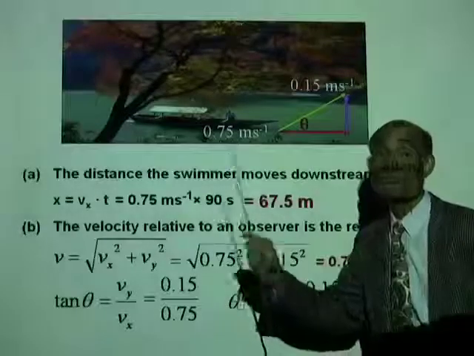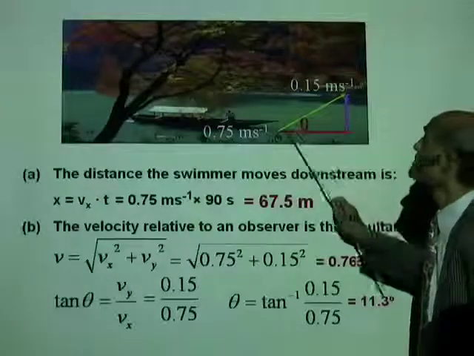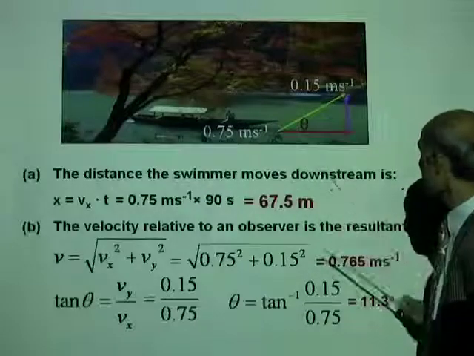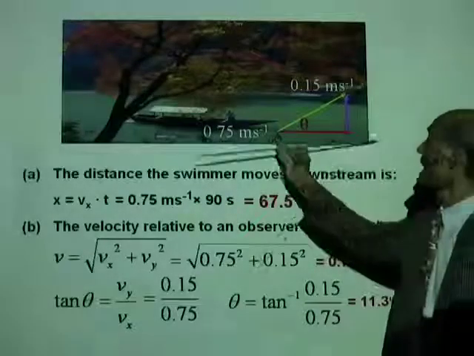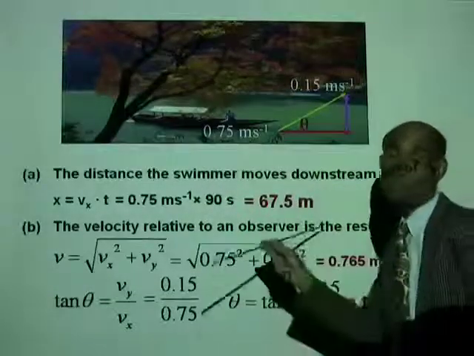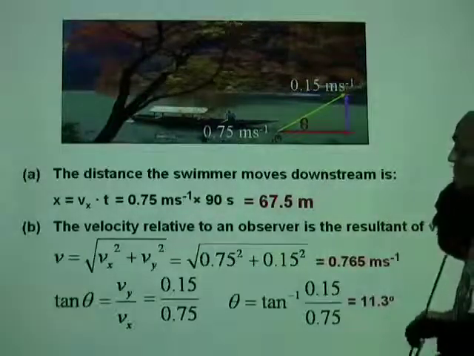So an observer looking from the shore will see the swimmer moving with a velocity of 0.765 meters per second at an angle of 11.3 degrees, the positive angle measured from the shore.